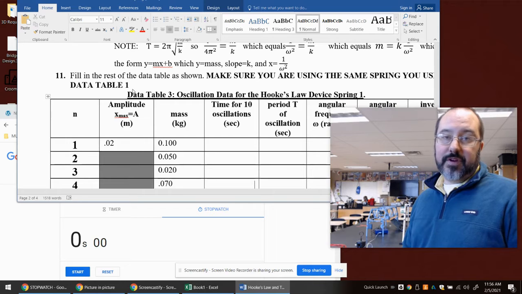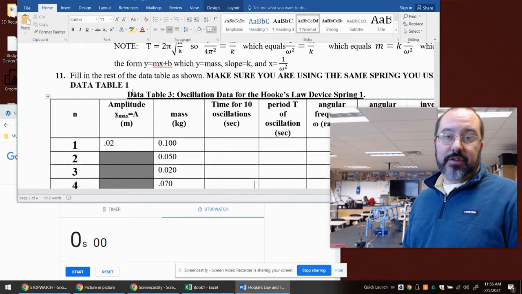You have learned previously that the period of a spring mass system is equal to 2 pi the square root of the mass divided by the spring constant. We want to solve that equation for the spring constant and get a value that allows us to, again, graph the system and find that the slope of the line is the same value you measured in part one of the lab.